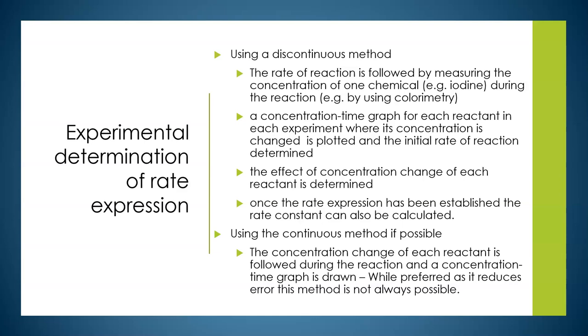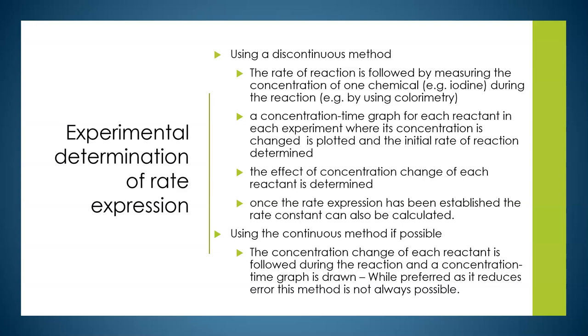If we use the continuous method where possible, we map the concentration change of each reactant and we follow this during the reaction, and a concentration time graph is drawn automatically. You might be able to do this with a data probe. It is preferred as it reduces the error in this method, but it's not always possible.